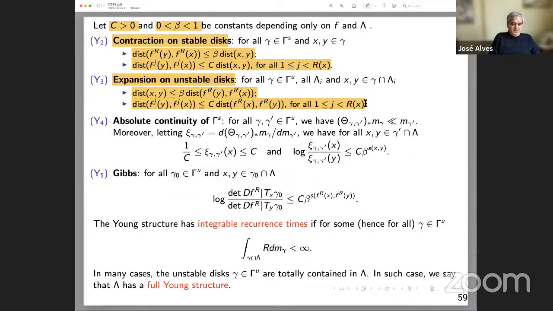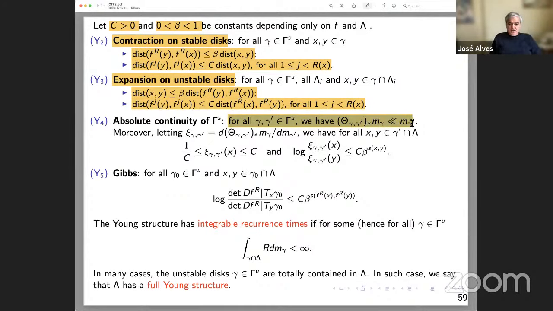The third property here on this page is absolute continuity of the stable foliation, where we have those holonomy maps. We can state it very easily. Given any two unstable disks, we have this holonomy map that I've introduced for sliding along stable disks from one unstable disk to the other.